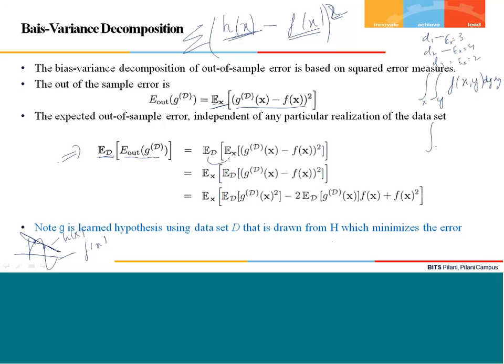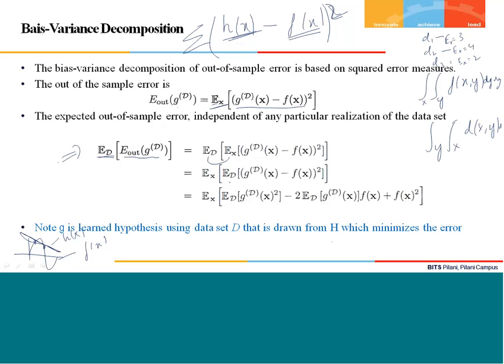If you swap and interchange the integration, that will not affect the value. I hope you understand this from calculus. Because expected value is again an integration, and this is a positive integrand, we can swap it. So E_x goes outside, E_D gets inside.